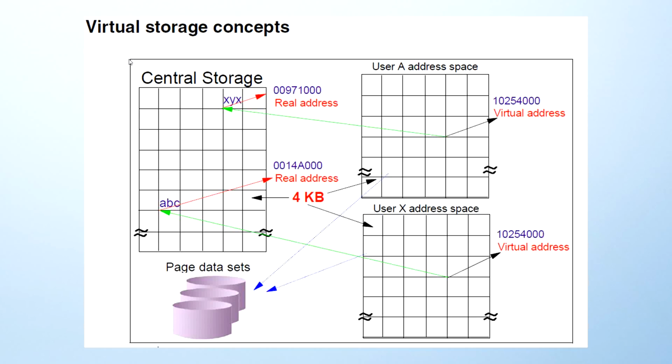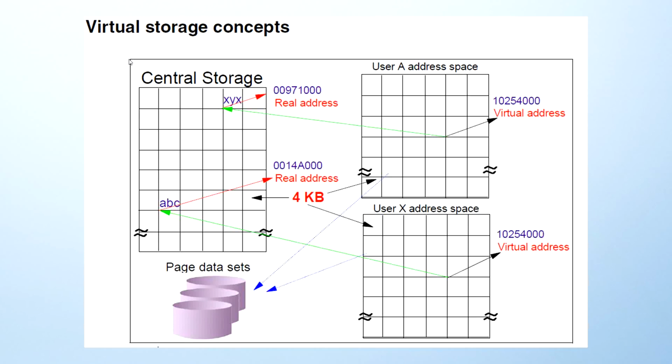And what exactly is an address space? It's a range of addresses in virtual storage. Anything and everything on a z/OS system is a virtual storage address space. That was the reason it was earlier named MVS, which stands for Multiple Virtual Storage, and later they renamed it to z/OS.